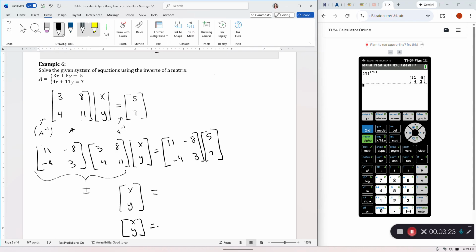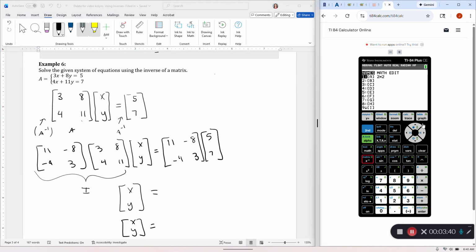Okay? Now on the right side, I need to multiply these two matrices together. You already know how to do matrix multiplication. So I am going to use my calculator again, and I need to store the next matrix. So I'm going to go to matrix, go to edit, and store a second matrix, and this one's going to be a 2 by 1.